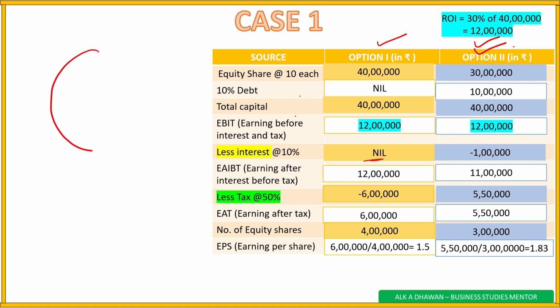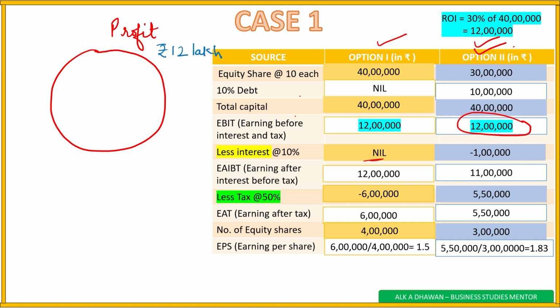Now, as we had learned earlier, this is our circle which is representing our total profit. In this case, the total profit of the company was rupees 12 lakhs. Let's change the color, and here out of this 12 lakh which the circle represents, the company has paid 1 lakh rupees as interest.